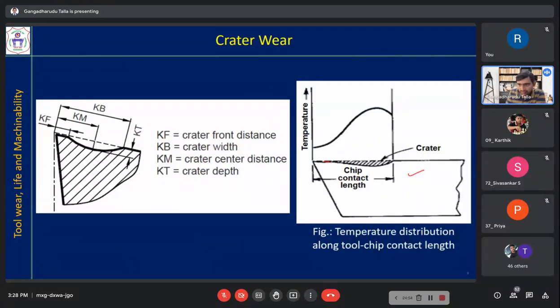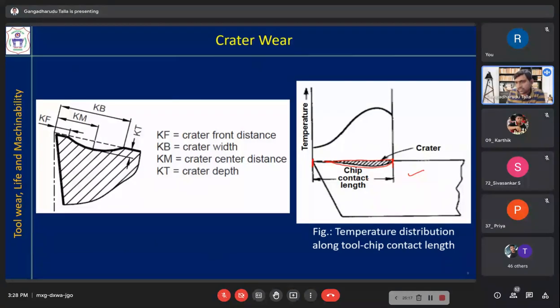Crater is something like this. So chip contact length is from the tip of the cutting tool, or from the cutting edge, to this. So this is called chip contact length.